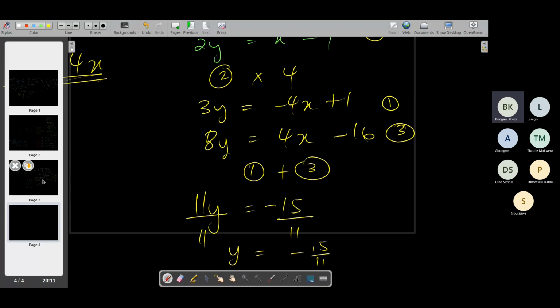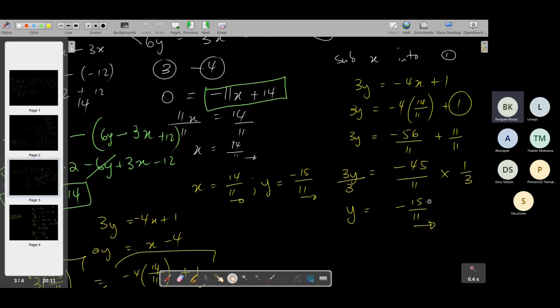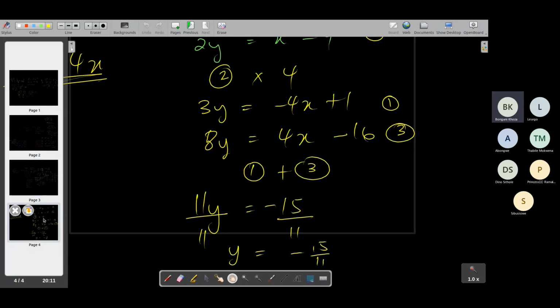That's the answer we had before. So our y was negative 15 over 11, like that. Right. So that's that. Now you can take your y value, substitute it into equation 1 or equation 2 or whatever, then you're done. Right, let's look at substitution first.